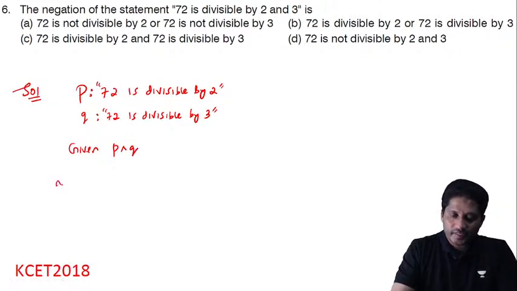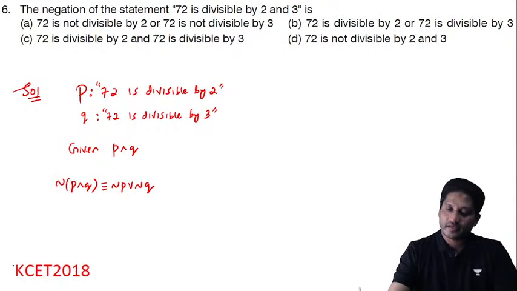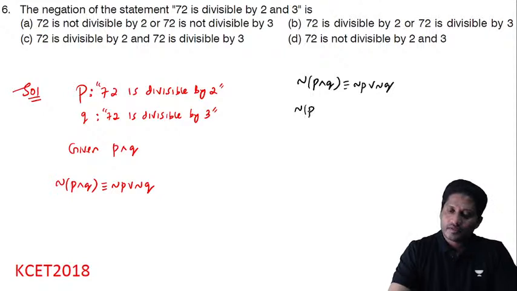Now negation of p conjunction q is logically equivalent to negation p disjunction negation q. Right, I have given you this in my previous videos as well. Negation of p disjunction q is logically equivalent to negation p conjunction negation q.